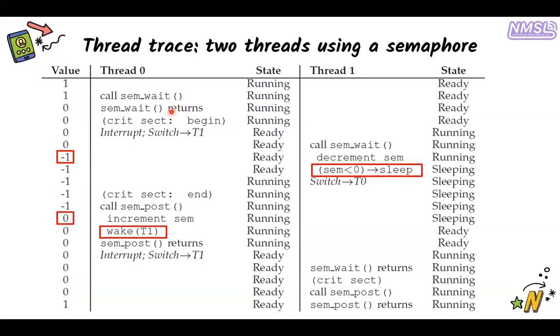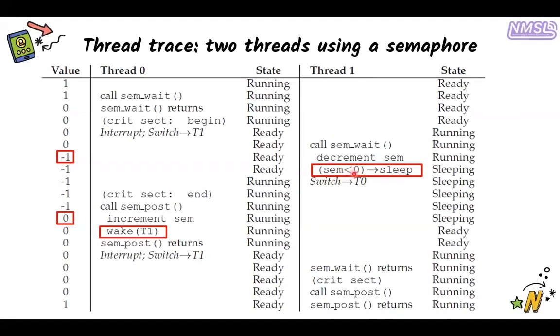The value is 0, so you just return and you go execute the critical section. Let's say while you do it, you get an interrupt. So you go to thread 1. Now this calls semWait. At this time the value is 0, and now it will decrement to -1.